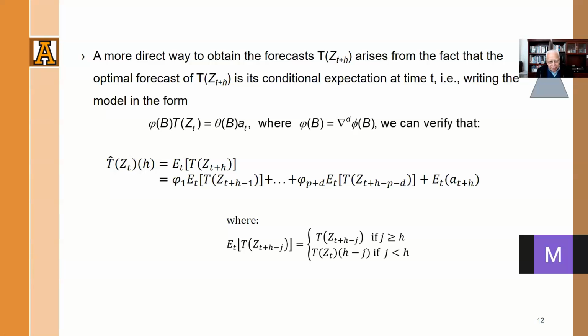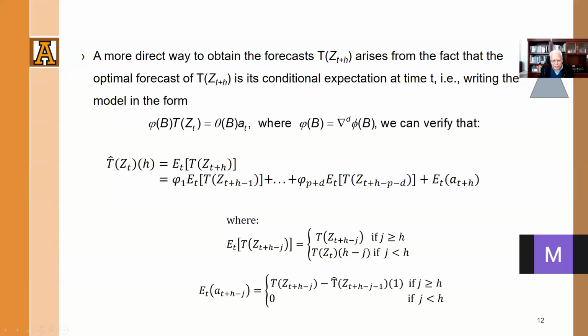And the thing that's important here is that for all the theory behind these forecasts, we're always using the trick of dividing what's history and what is the future, so that we can calculate the conditional expectation, which is the optimal forecast.